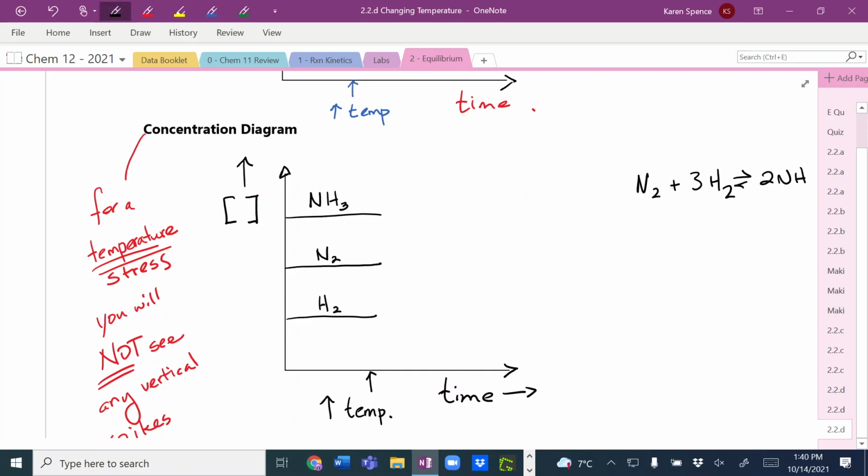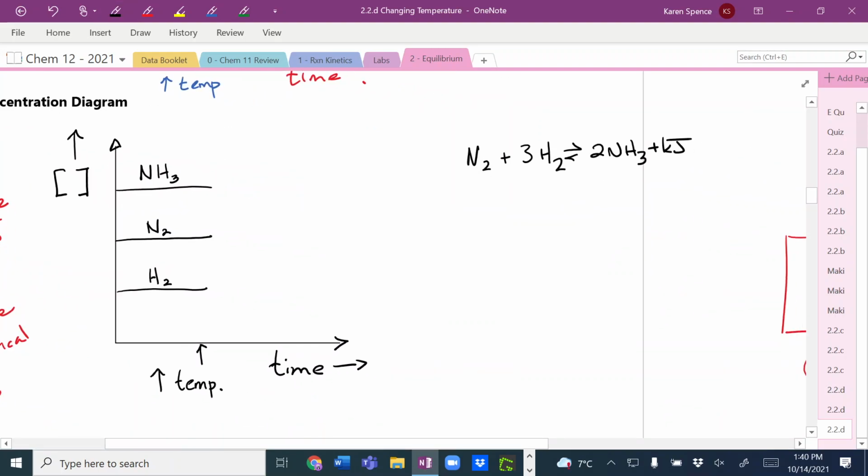So no vertical spikes. But which way are we shifting? Well, remember, I increased both rates. Which rate increases more? The reverse rate increases more because it is endothermic. So what's happening to the concentration of NH3 as we go that way?